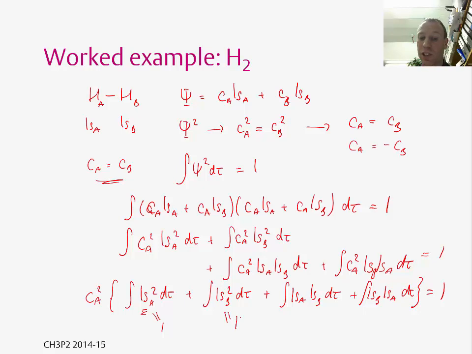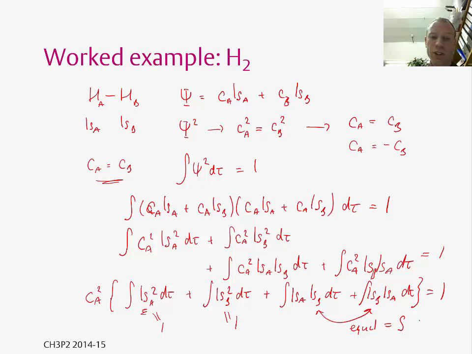It's equal to 1 because it's a normalized atomic orbital. 1sa and 1sb are the same, so actually these terms here are equal to each other. And this is just a number, so we can set this equal to this thing called s, and just call it a constant.